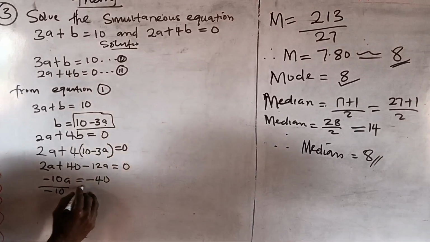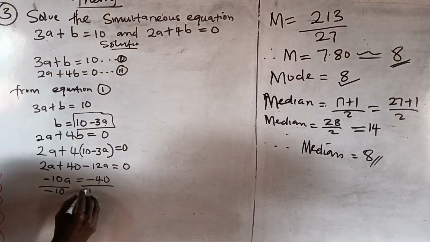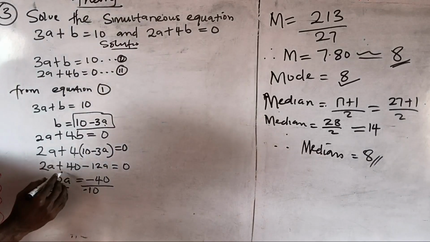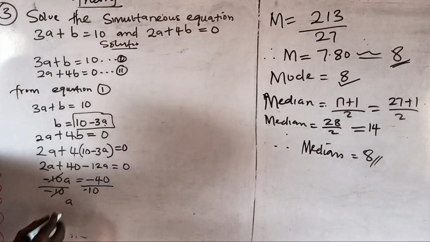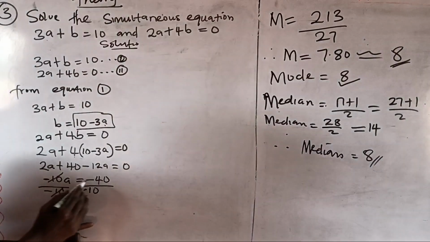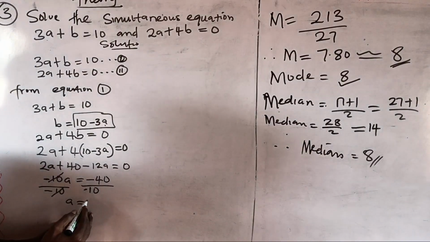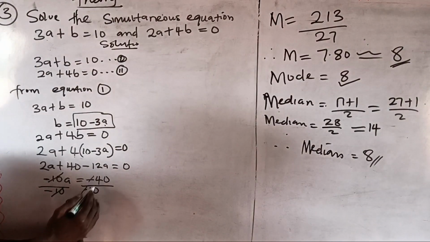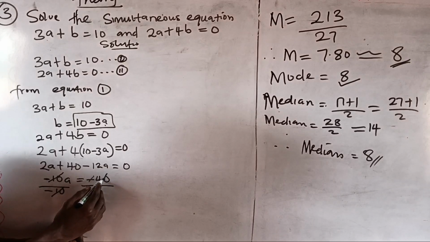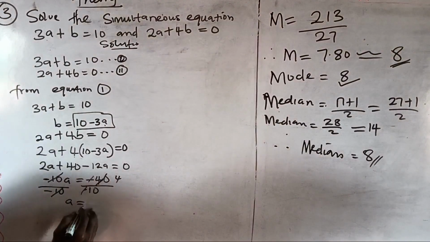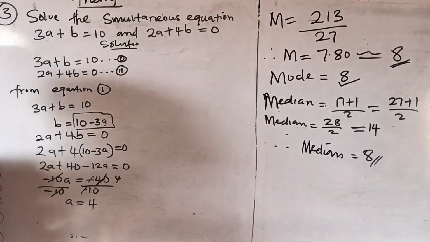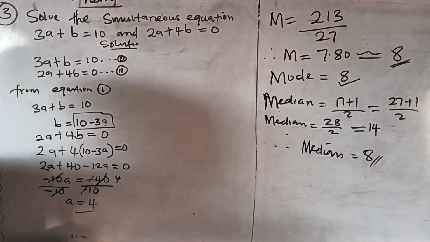Minus 10 cancels minus 10, and we are left with a equals minus 40 divided by minus 10. Minus cancels minus. How many 10s can I see in 40? 4. So a is equal to 4.